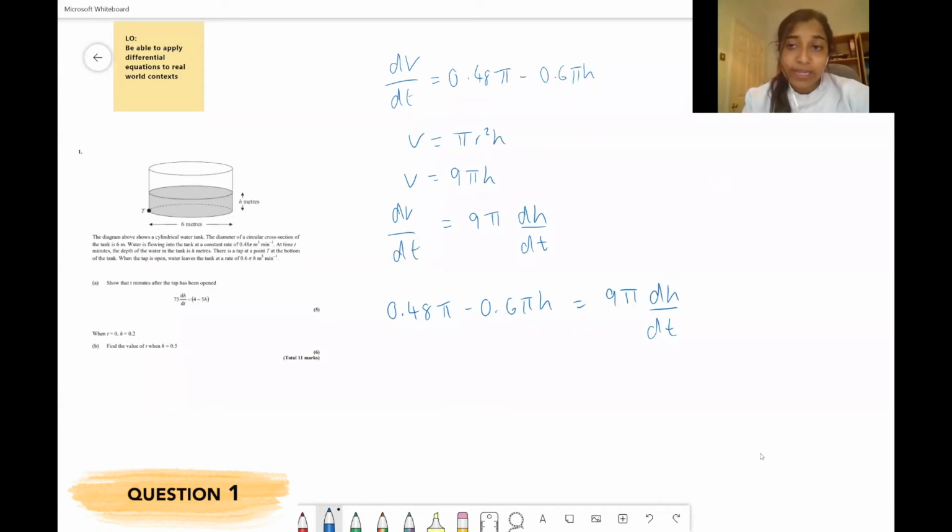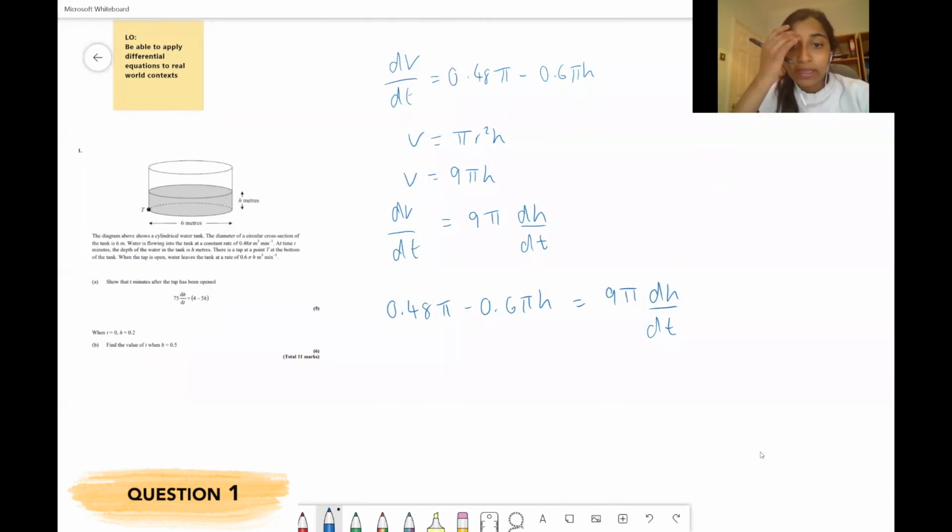Now we want to simplify this, so we can cancel out pi. And now we can rewrite these decimals as fractions, so we get 48 over 100 minus 60 over 100 h is equal to 9 dh/dt.